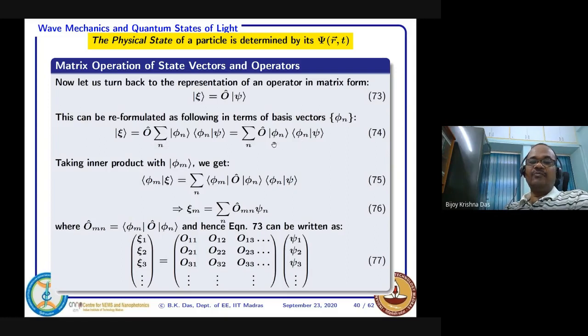Here n is running from 1 to some n values, and in between one basis vector is phi m. That means I am adding a bra vector of phi m on both sides. Equation 74 is nothing but multiplying with the bra vector phi m.